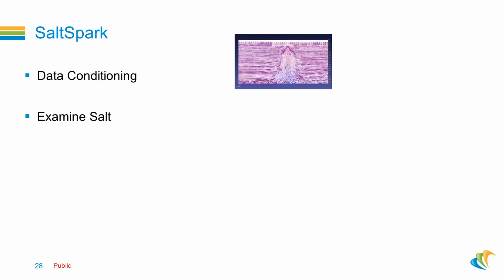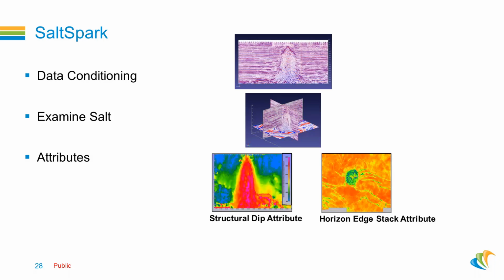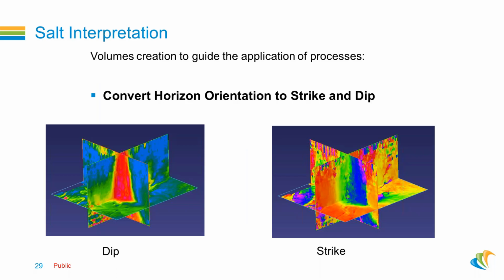That's why we will be using mainly a combination of the visual display in the 3D display and histograms. We will use that as a constraint to generate and apply the algorithm. Data conditioning, examine ourselves, generate some attributes, and finally create the surface grabbing.